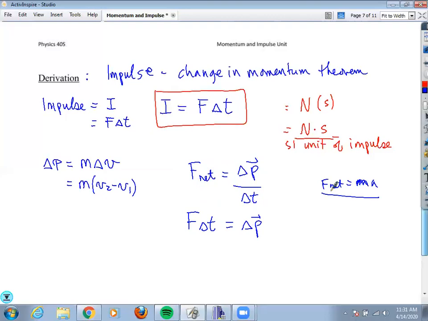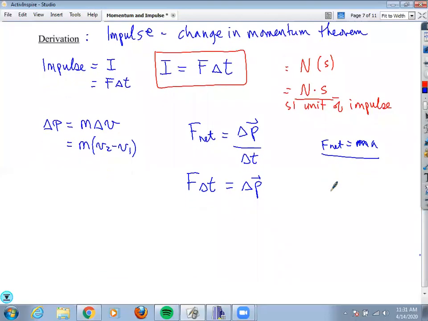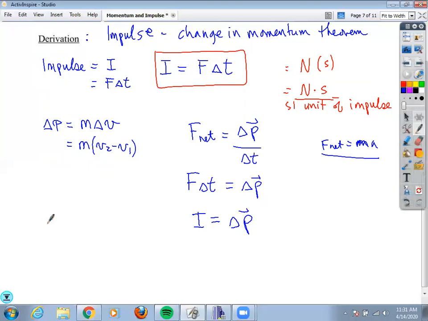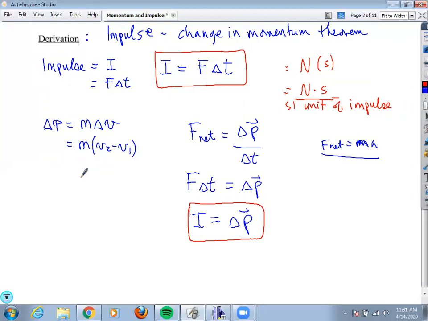And that comes back to the fact that F delta t is impulse, and that side is still change in momentum. So we have shown that impulse equals change in momentum. The better definition here would be this. In fact, this is the impulse change in momentum theorem. It's usually how we state it.